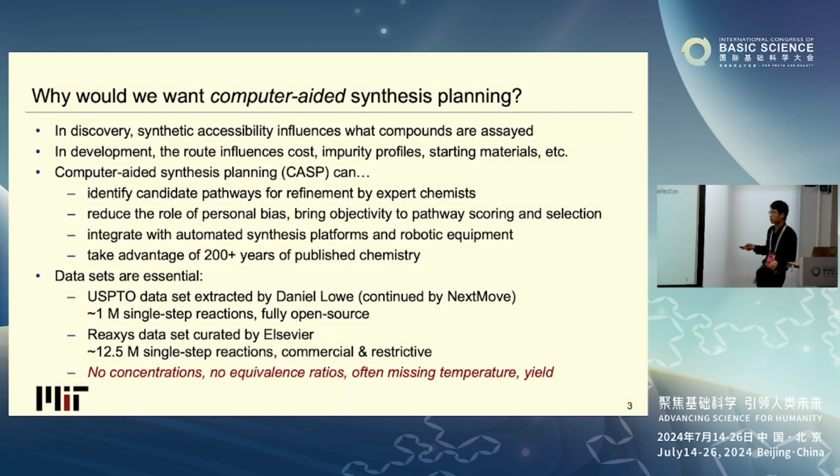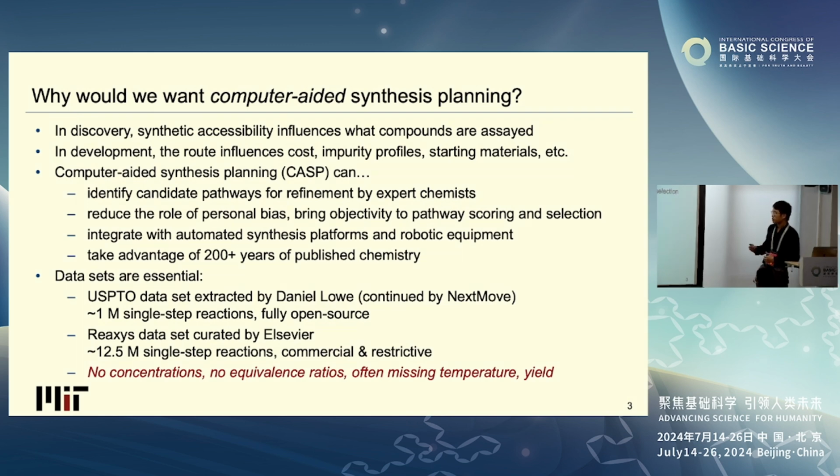Also, we can better take advantage of the long history of chemistry and use all the chemical data, as compared to any individual chemist who can probably have access to or master only a specific area of chemistry.